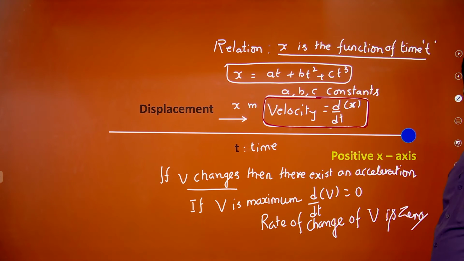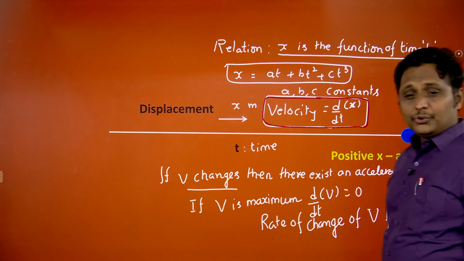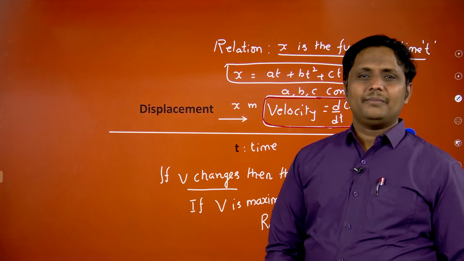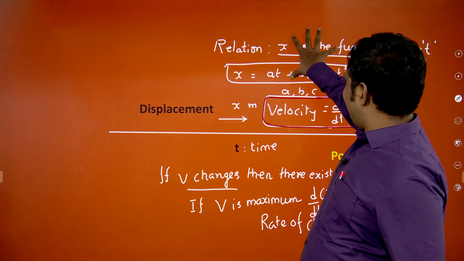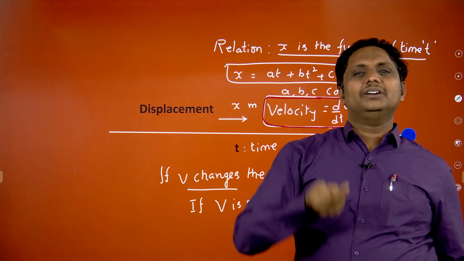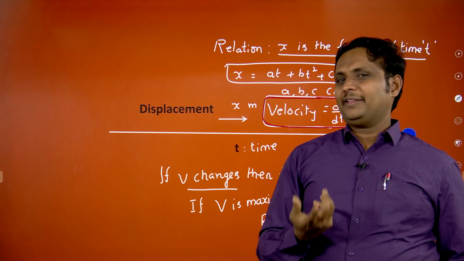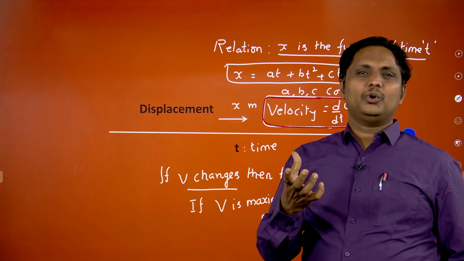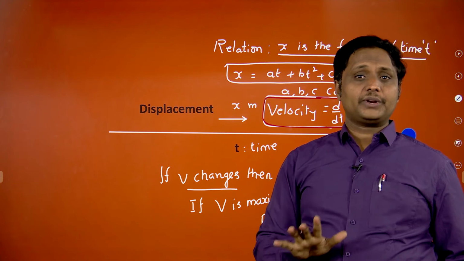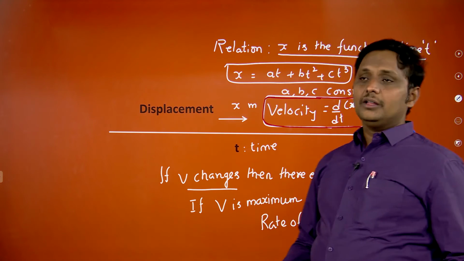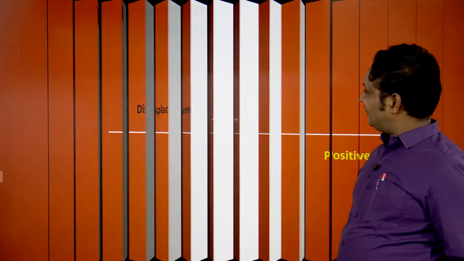We would like to get this one. All right. So if you know that there is one relation where the displacement or the distance covered by the body has been expressed in terms of time, then you can easily find out the speed and velocity.